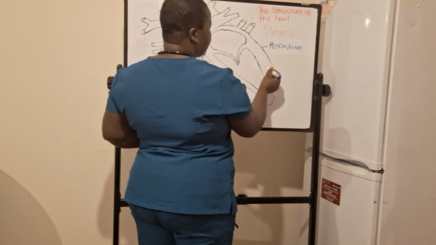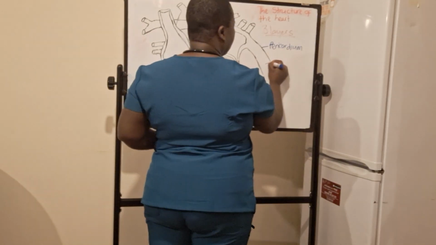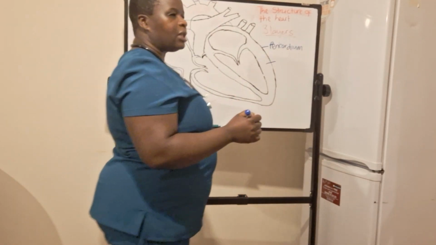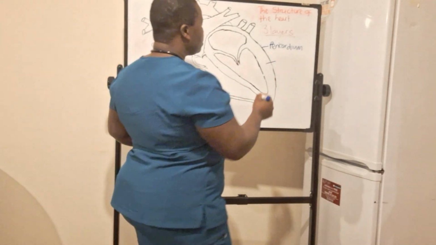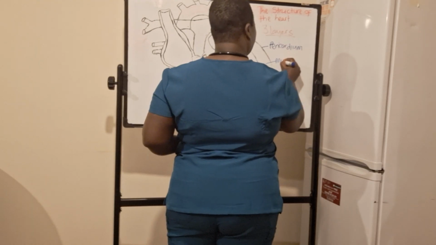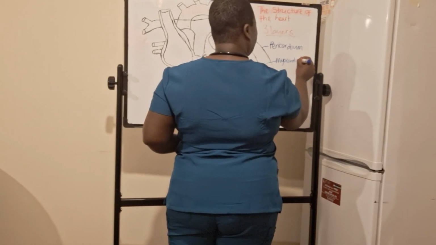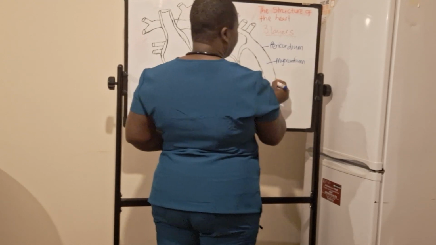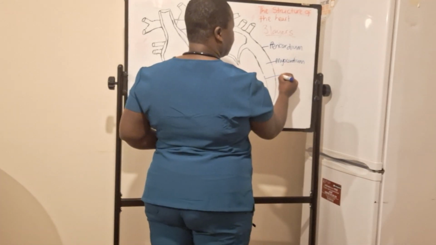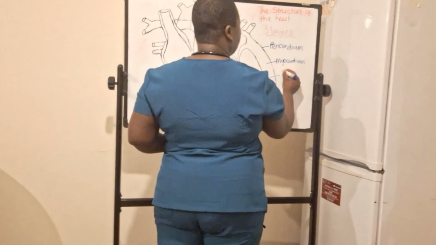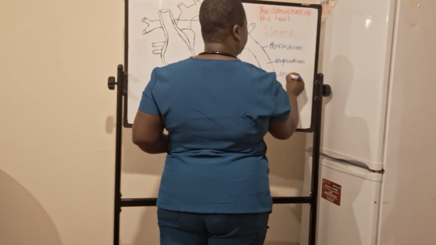The middle layer, which makes about 95% of the heart tissue, is called the myocardium. And the inner layer, which lines the heart, is called the endocardium.